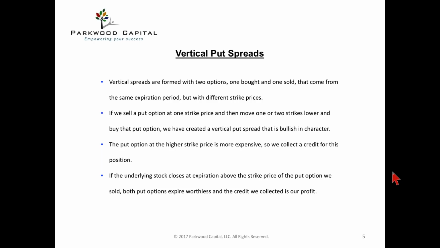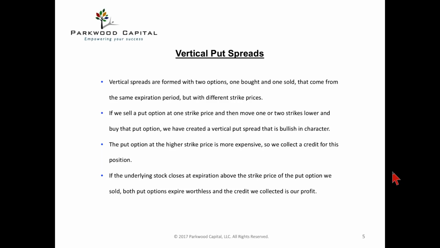If you go back many years when the Chicago Board Options Exchange was first formed, the option prices were on a board on the wall, and across the top were the different expiration months, and down the left-hand side were the different strike prices. And so when someone created a spread that was in the same vertical column, in other words, in the same expiration month, that was called a vertical spread. And so that's where that term comes from.